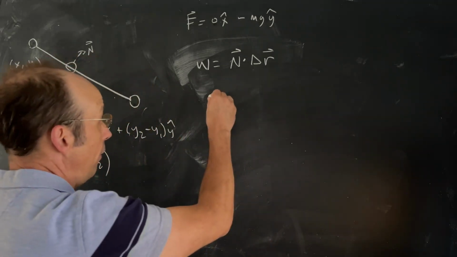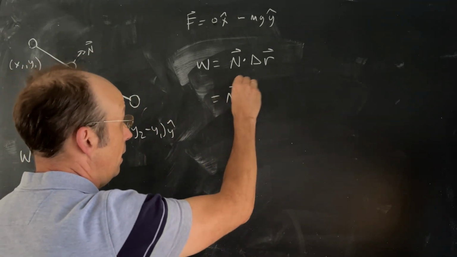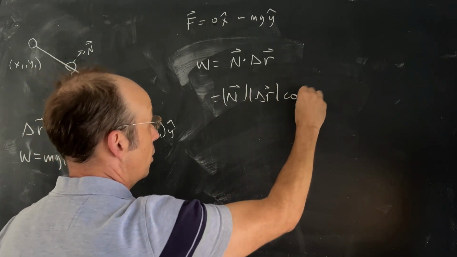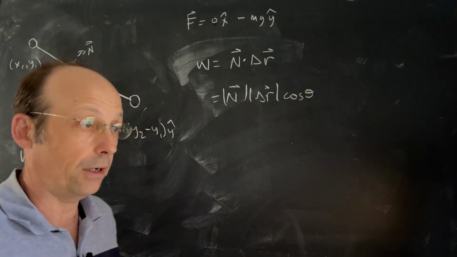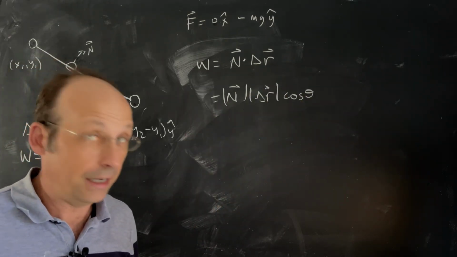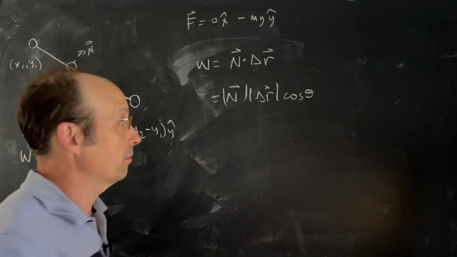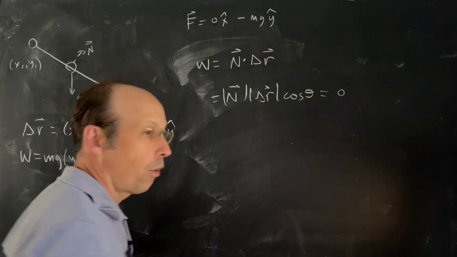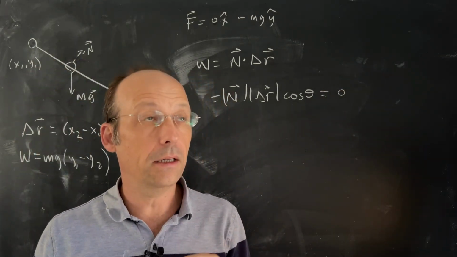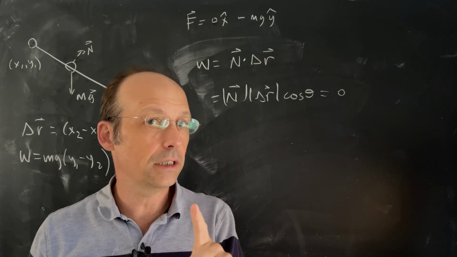So if I write this as N delta r cosine theta, that's the same thing as the dot product. By definition, the angle is 90 degrees. Cosine 90 is 0. So the work done by the normal force is 0. This is where we're going to get into some question in just a second.